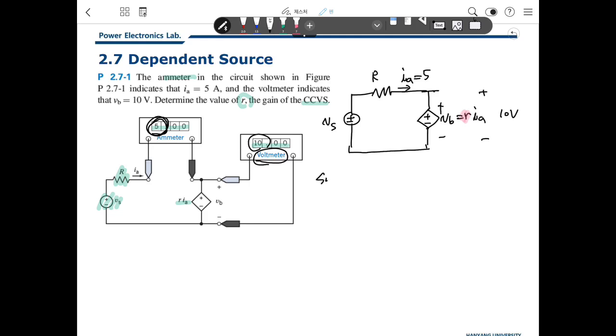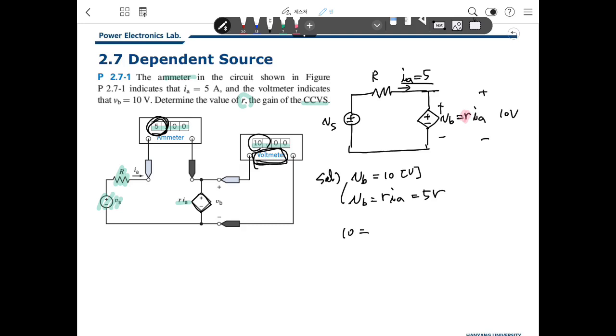Based on this voltmeter, now we know VB is 10 volts. Then from the characteristic of the voltage source, VB is R times IA, and IA was 5, so 5R.